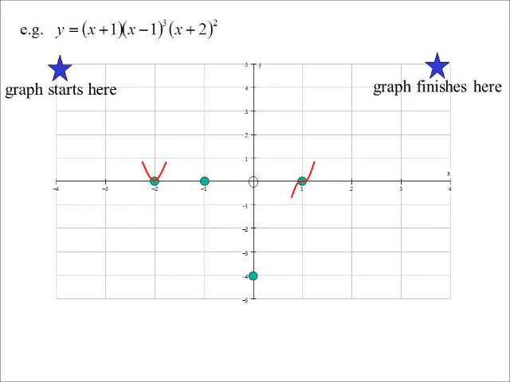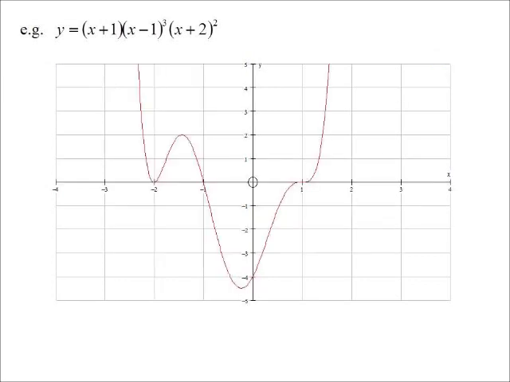So if I'm finishing up here and I've got to come through and inflect at 1, then I know that curve must do that sort of thing at 1. Now, we've got a y-intercept at -4. That other x-intercept, it'll cut like a straight line. There it is. That's where it is.